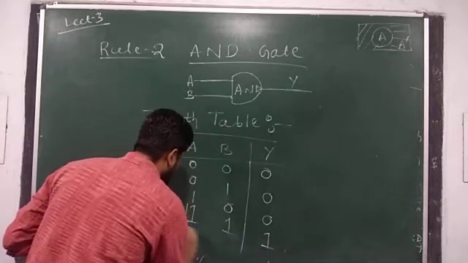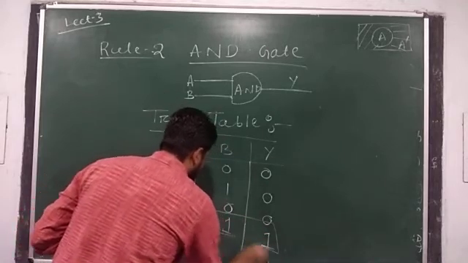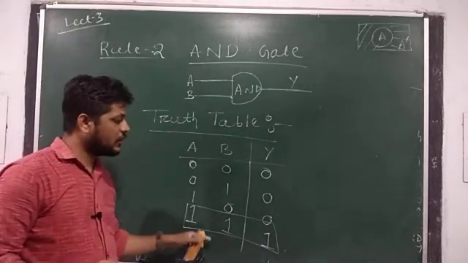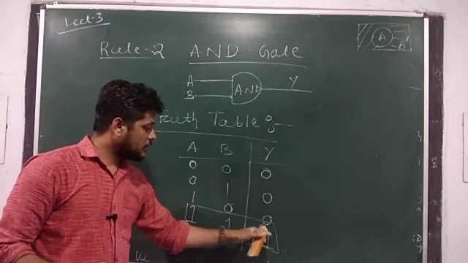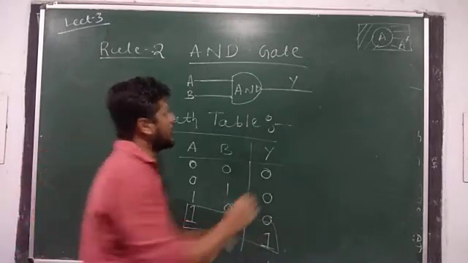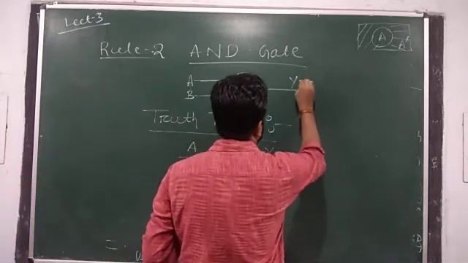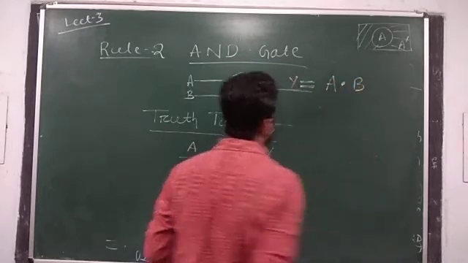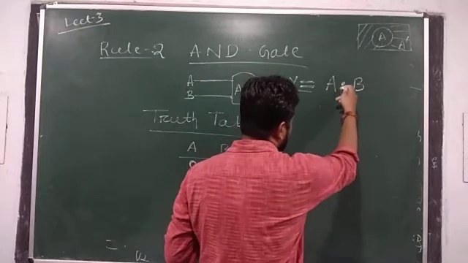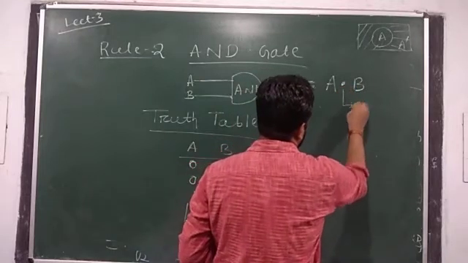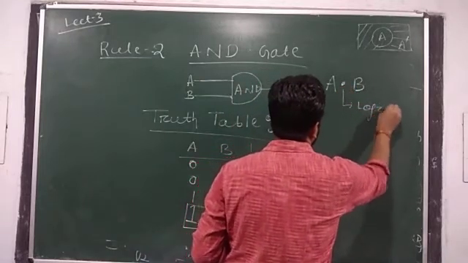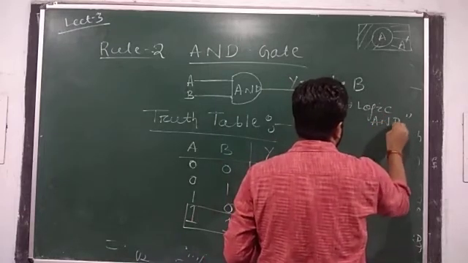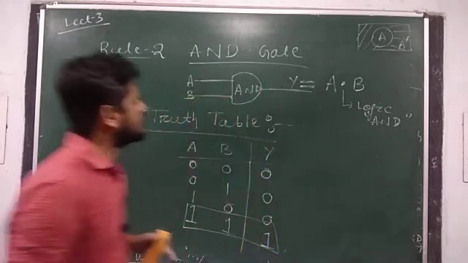So in terms of variables, the output is A dot B. This dot operation represents logic AND.